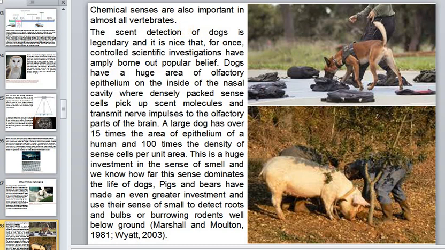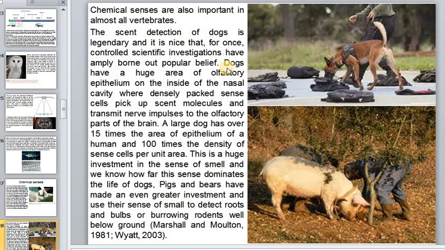For example, the scent detection of dogs is legendary, and it's nice that for once controlled scientific investigation has amply borne out popular belief.